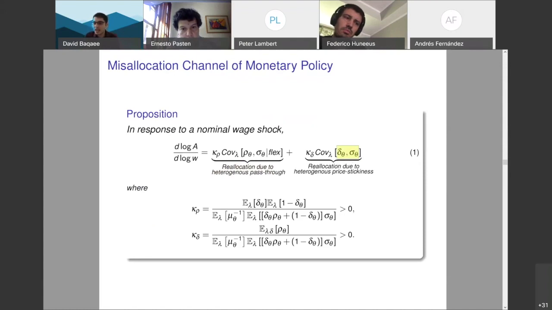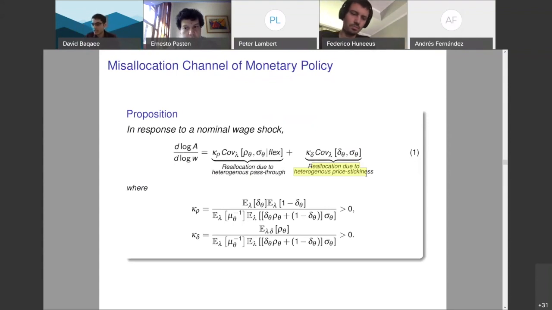And so this is reallocation due to heterogeneity in the price stickiness parameter. Both of these are mechanisms by which realized pass-through, and realized pass-through is a combination of desired pass-through and price stickiness, co-varies with the initial level of the markup. Then you get productivity effects.